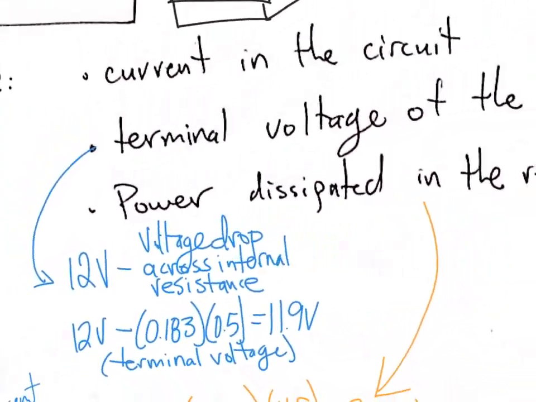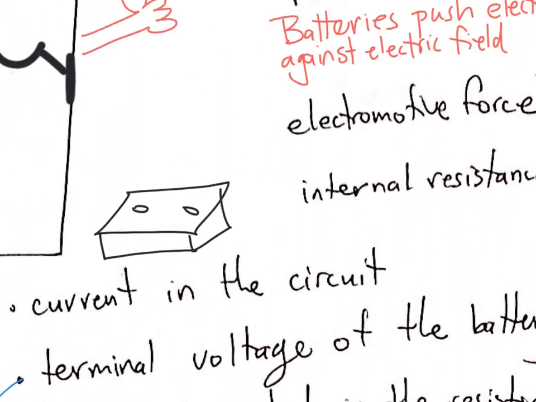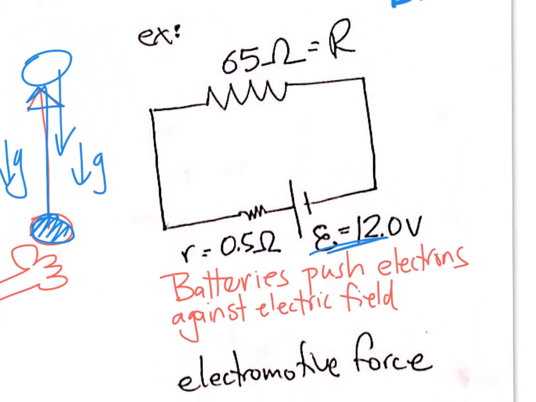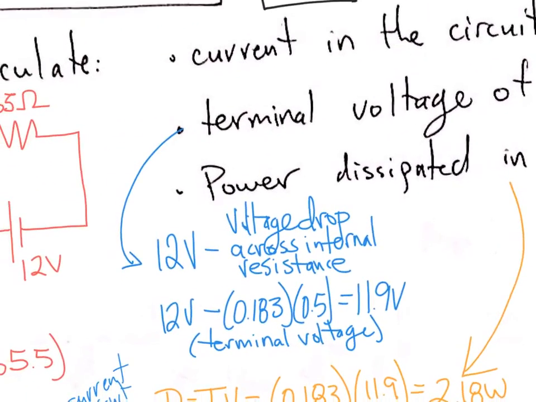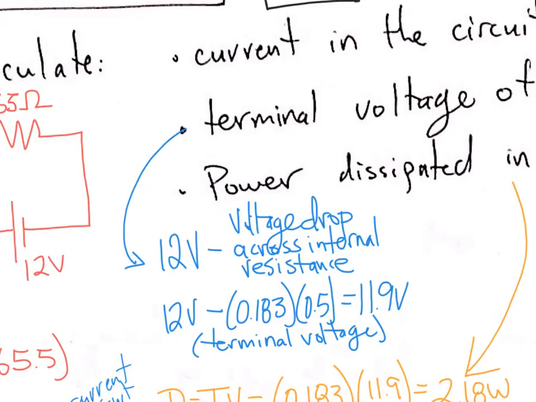Okay, so terminal voltage of the battery. So we would expect the battery to be 12 volts, but some of that is used up in pushing electrons across that resistance. So that's what we mean by terminal voltage. So the voltage across the battery terminals is going to be 12 volts minus the voltage drop across the internal resistance.